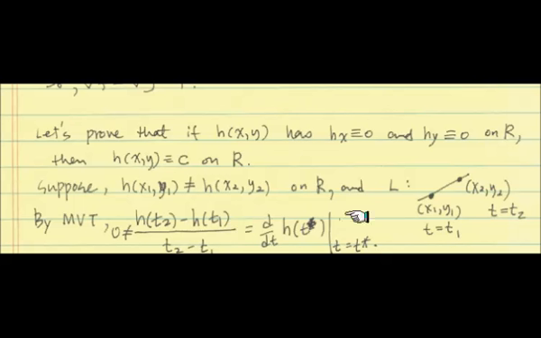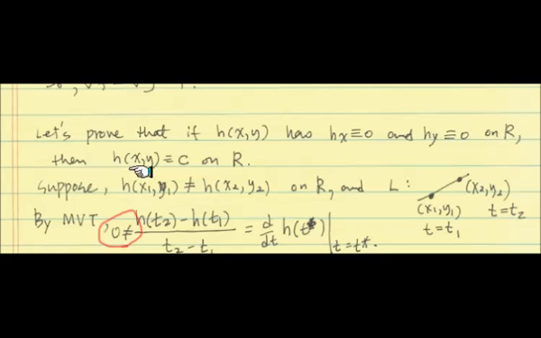Then by the mean value theorem, (h(t2) minus h(t1)) divided by (t2 minus t1) is going to be equal to some special value of the derivative. I wrote it this way rather than h prime of t, at t equals t star, that's a special value. But since these two values, h(t2) and h(t1), are different, this is going to be a non-zero value. So this non-zero part is important.